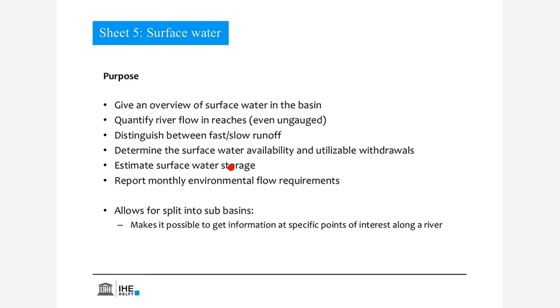So that's why we were discussing a couple of days ago about how important it would be to have these records of the different reservoirs, because those are the large storages. But in this case, it's also small reservoirs. It's everything combined within the basin or sub-basin. So there's also split between different sub-basins. And if you have environmental flow requirements, you can also report on that month.